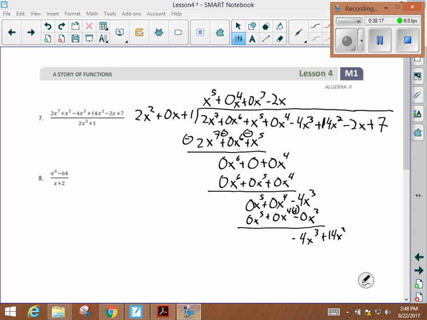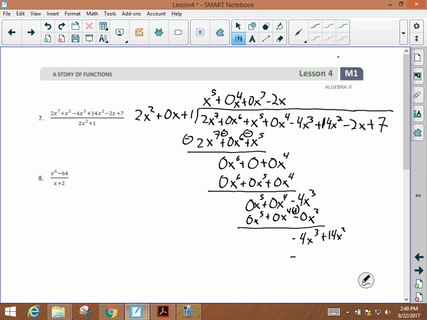All right, so let's multiply this back out. Negative 2x times 2x squared is going to give me negative 4x cubed. And then I'll wind up with a 0x squared term and also a negative 2x.